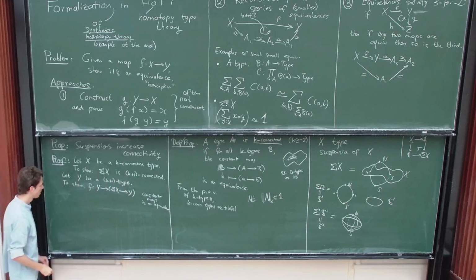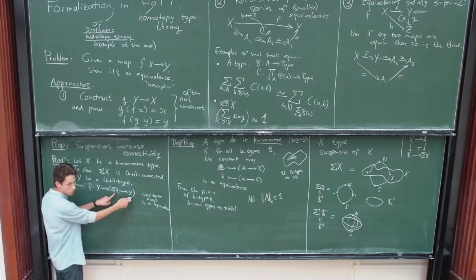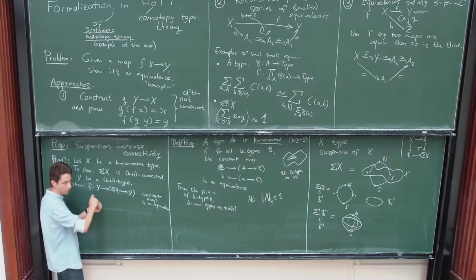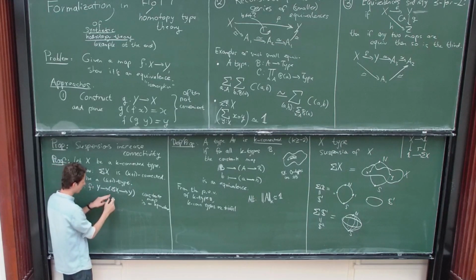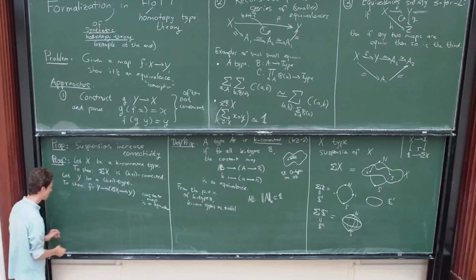I'm not going to do this directly, because this would involve taking such a map, producing a point, and then showing that the round trip lands in this function space and proving that these functions are equal. That's kind of annoying to do.